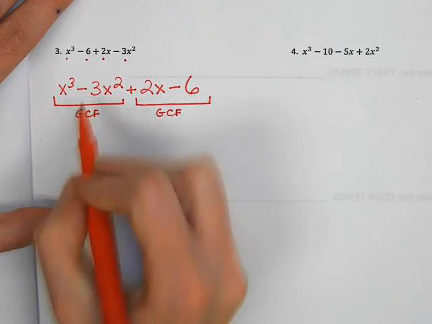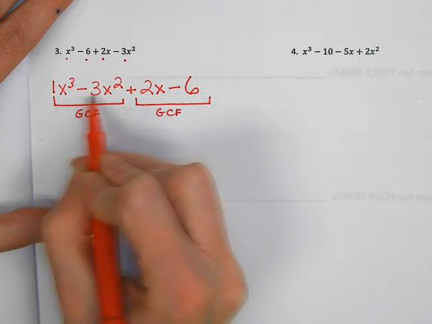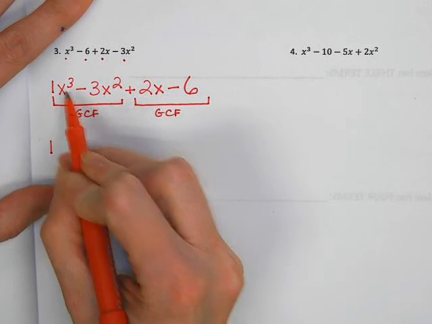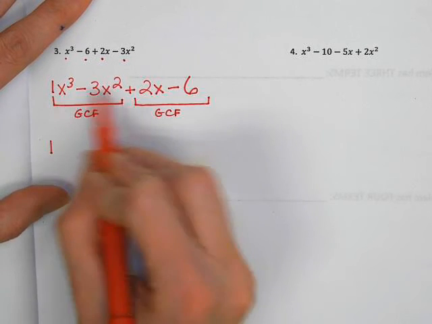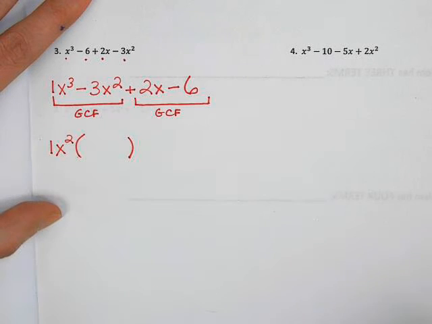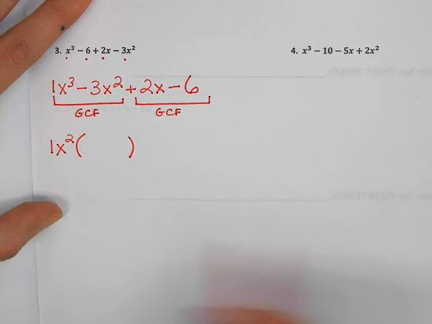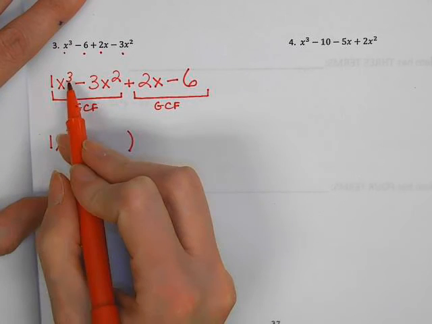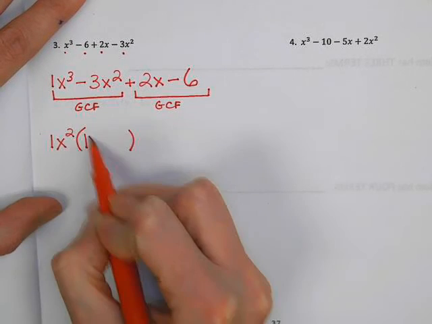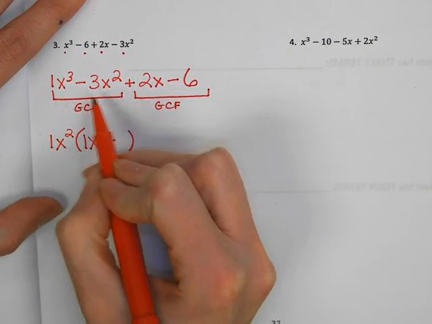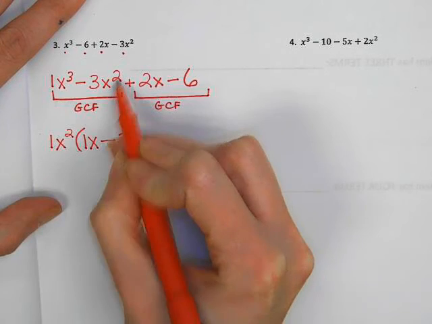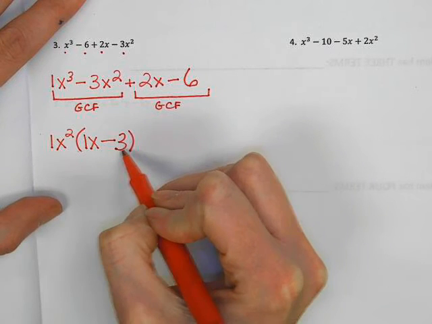Hopefully you're saying not much, just a 1, but then the smaller amount of x's they both have, so you can pull out an x squared. What's left over? 1 divided by 1 is 1, 3 minus 2 is 1, and then minus 3 divided by 1 is 3, and 2 minus 2 is 0. See how there's nothing left?